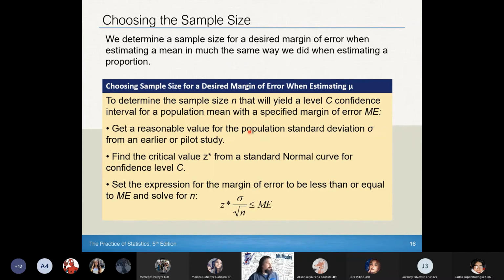Right. So we hopefully have some idea of what it is for the standard deviation. Find the critical value Z star from a standard normal curve for confidence level C. Notice this now switches back to Z star.